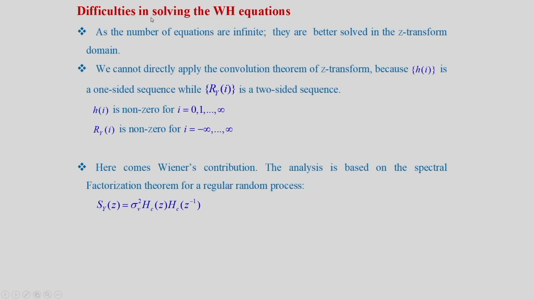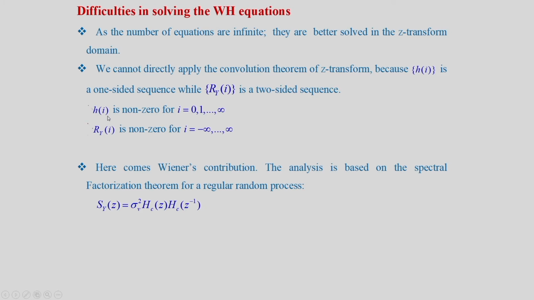Now, what are the difficulties in solving the Wiener-Hopf equations for causal IIR Wiener filters? As the number of equations are infinite, they are better solved in the Z transform domain. We cannot directly apply the convolution theorem of Z transform, because h_i sequence, that filter coefficient sequence, is a one-sided sequence, while that autocorrelation sequence is a two-sided sequence.